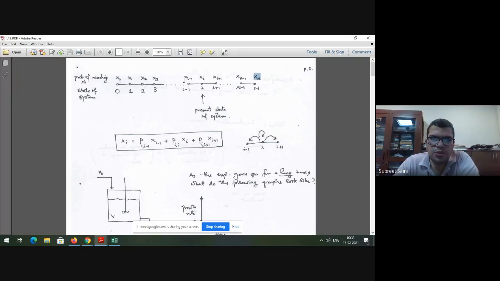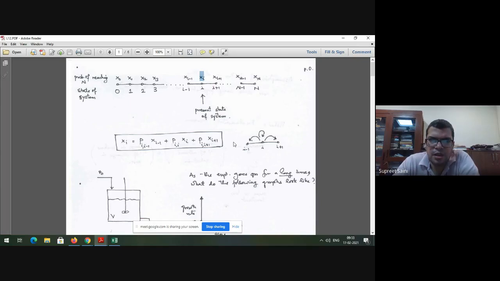So we will think of our system as a one-dimensional grid like this. In the case that we are discussing, we are at state I of the system. If we are at state I, the probability of reaching n is xi, and that is the probability that we are interested in.